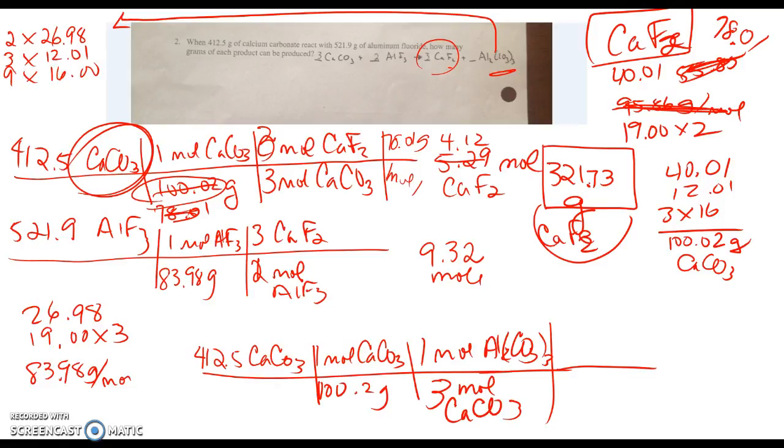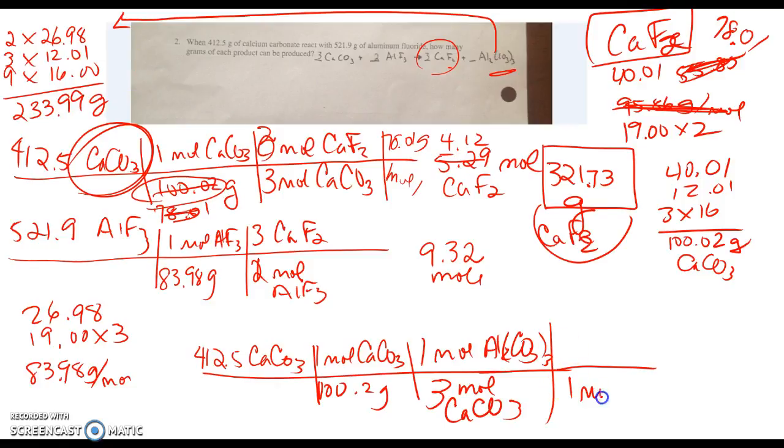That's a big one. 2 times 26.98 plus 3 times 12.01 plus 9 times 16. All right, I believe this adds up to 233.99 grams per mole of that.